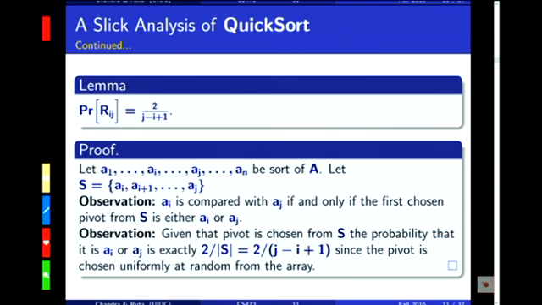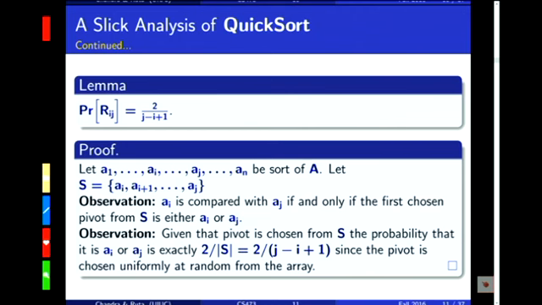Up to some level, you have never picked a pivot from this set S. Now, at some sublevel, in some subarray, suddenly you pick a pivot from S. If it is A_i or A_j, then you compare them. If it is not, then you will never compare them, ever, during the algorithm.